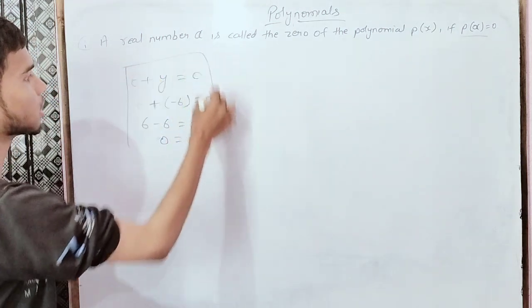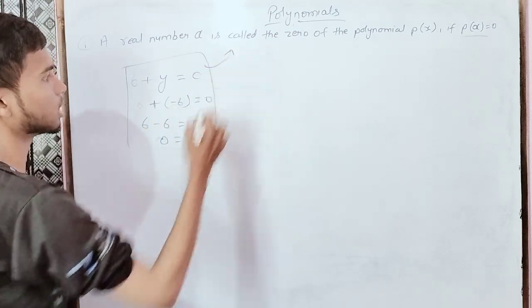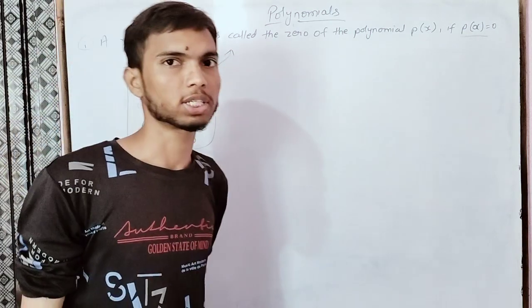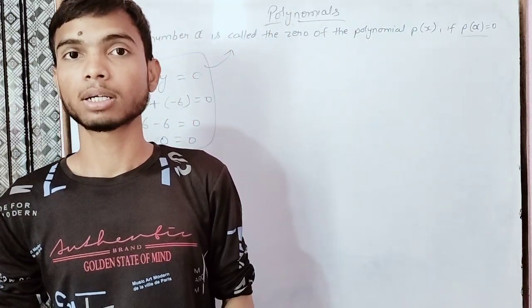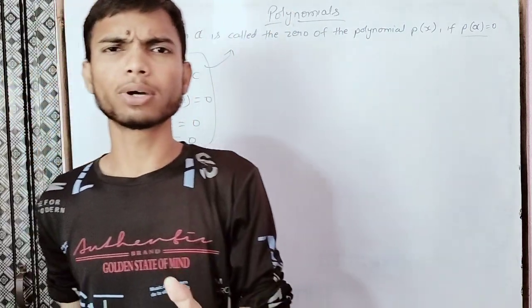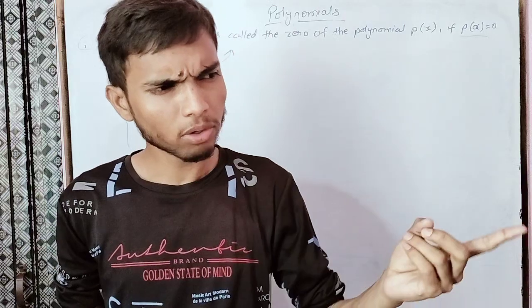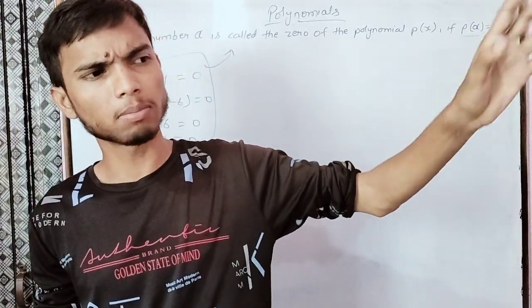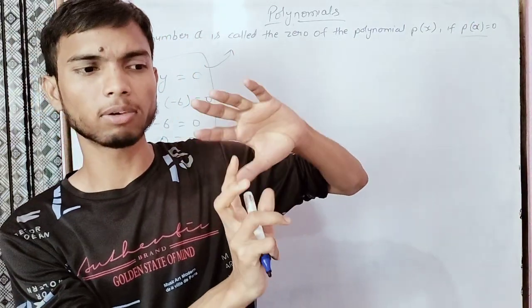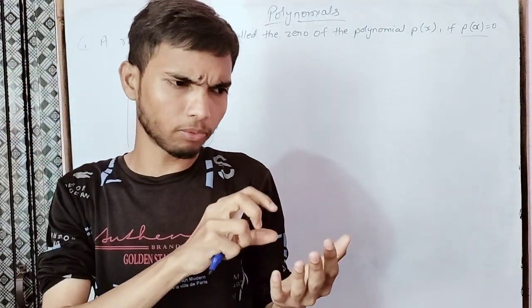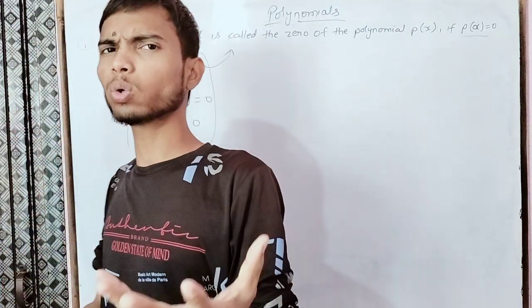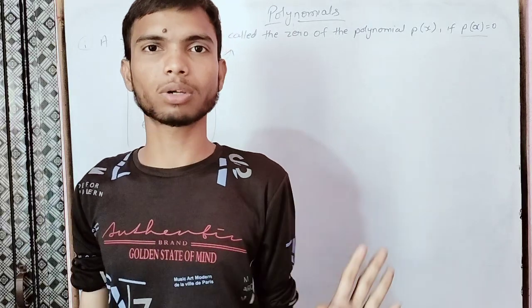So this is the meaning of this statement. You will put in a number, and after putting it in, if the given polynomial gives you 0, completely 0, then okay.